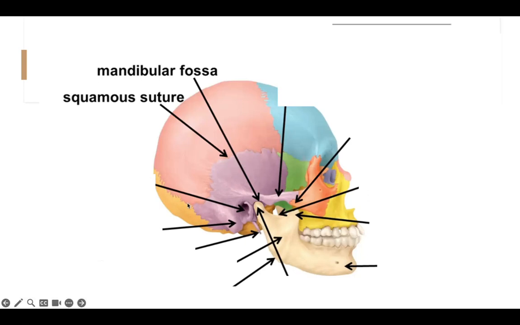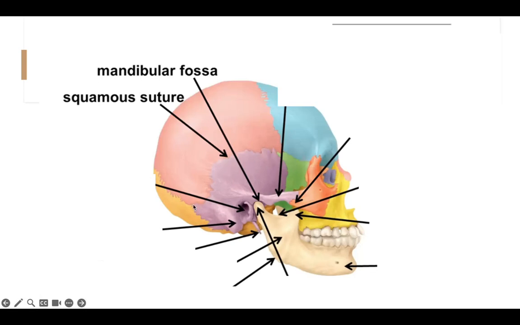Now, we do have another suture, the last suture to go over. This is the suture that separates the temporal bone and the parietal bone. So there are two of these sutures because we have two temporal bones on either side of the skull on the lateral sides.